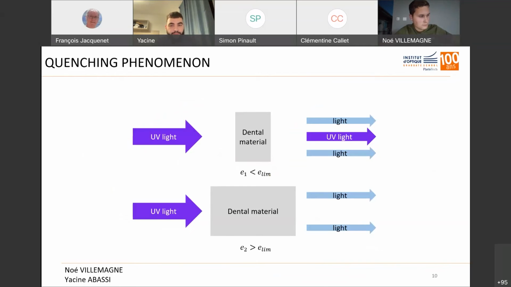The phenomenon of quenching corresponds to the fact that the incident ray is totally attenuated by the sample, without using a filter. There is a thickness limit where this phenomenon is reached. Next slide, please.